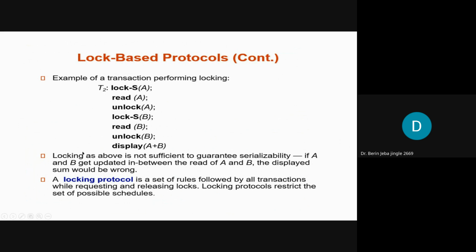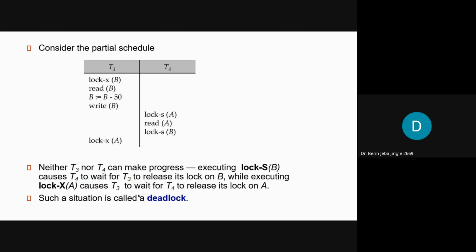A locking protocol is a set of rules followed by all transactions while requesting and releasing locks. The locking protocol restricts the set of possible schedules; it gives more restriction. Consider here a transaction using locks. First, lock X allows both read and write operations.